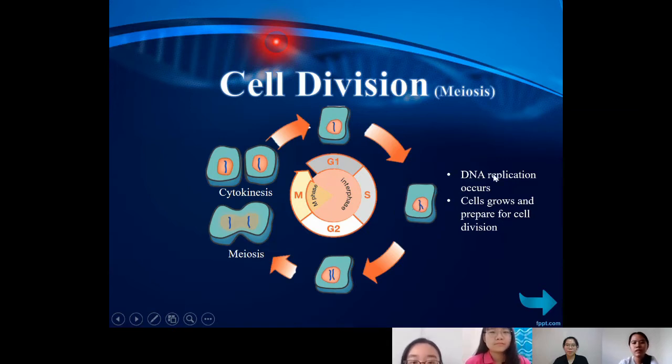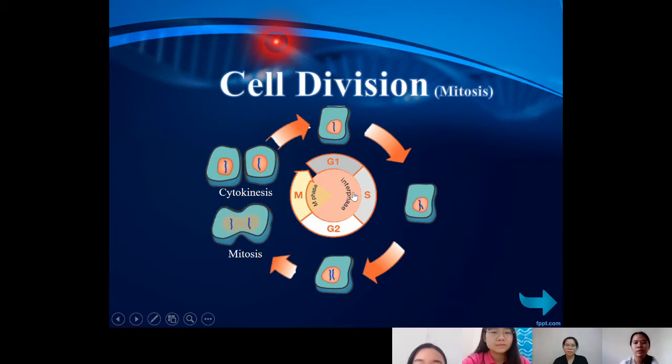This process occurs in the nucleus, where the cells will grow and prepare for cell division. This is the interphase. So for mitosis, the interphase is still the same. After undergoing interphase, the cell will enter the M phase.